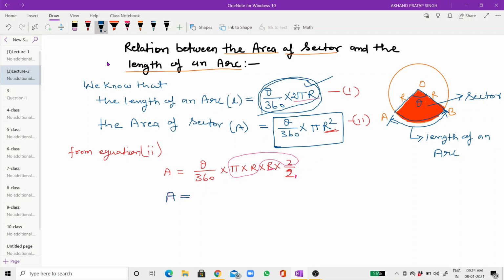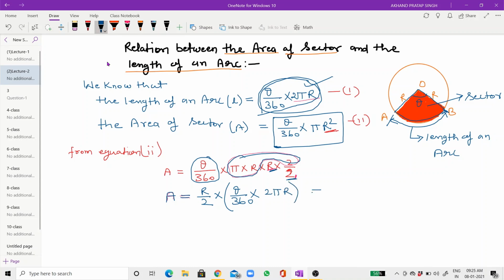A is equal to this whole expression. If you look at this whole expression, then we can take r by 2 into, in the bracket, theta upon 360 into 2 pi r.